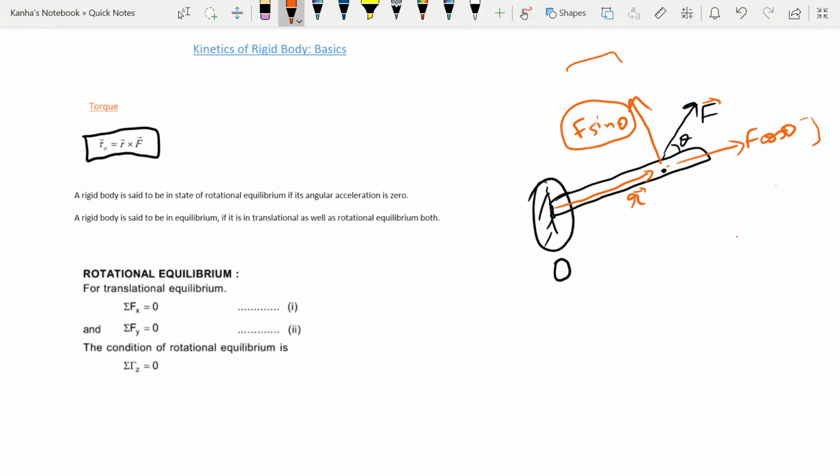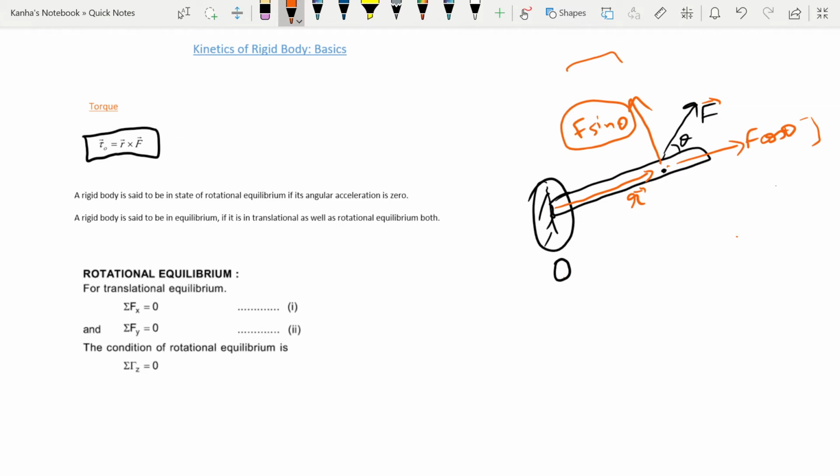And the F cos theta, which is along the rod, will be counterbalanced by the reaction force of the pivot. So it will not contribute to rotation.